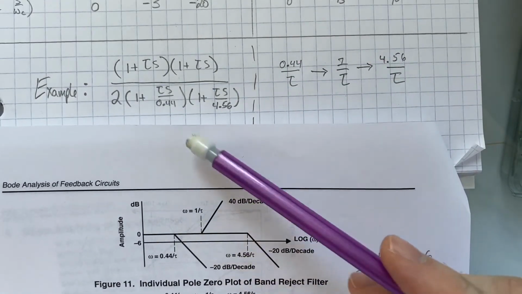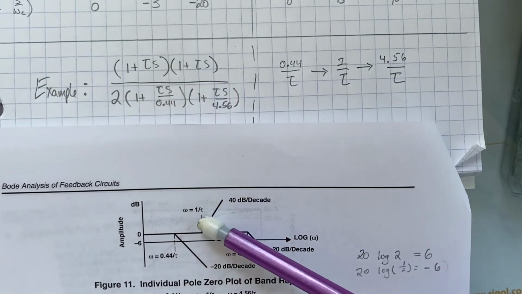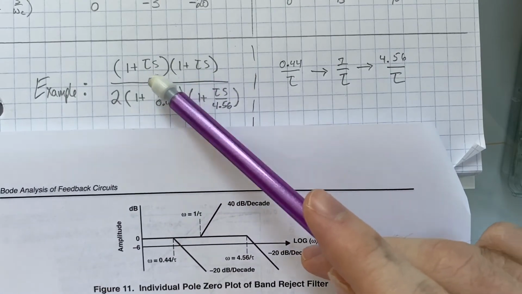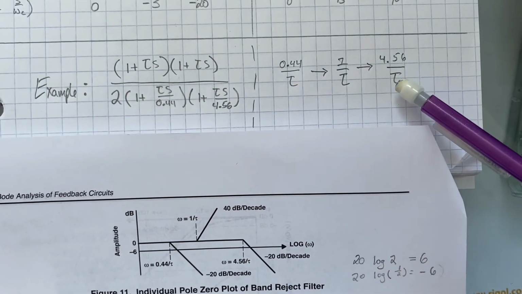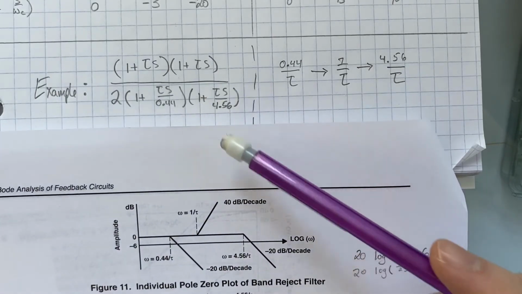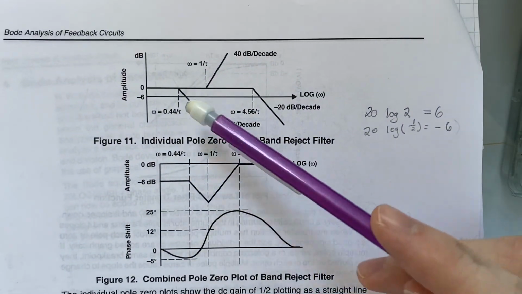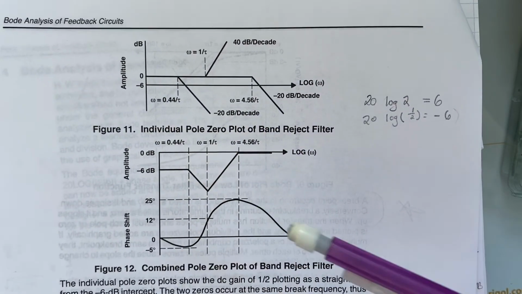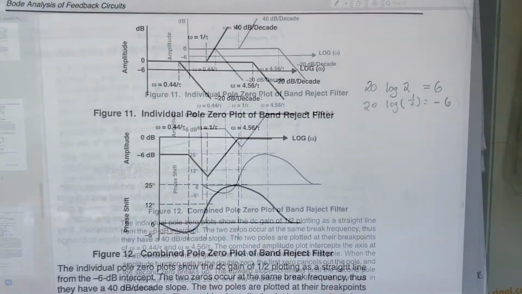And when omega is 1 over tau, we actually have 2 of these kick in at the same time. So instead of plus 20, we're going to have plus 40 because they are plus 20 dBs per decade at the same point. And when we get to 4.56 over tau, we're going to decrease because of this term here by 20 dBs per decade. And if you just line up all of these and start adding and subtracting, you'll get something that looks like this. And we can actually confirm that by using Matlab.